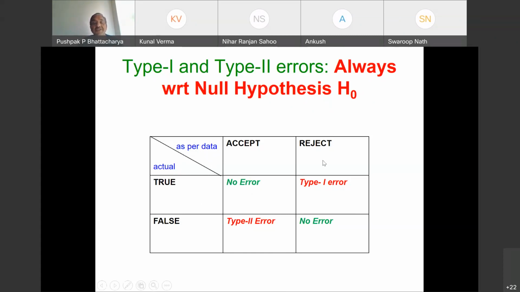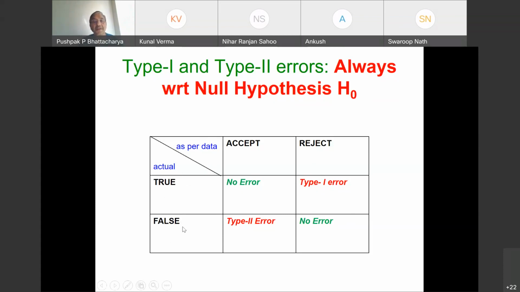And based on the data, I reject the hypothesis that the patient has cancer. But in reality, actually, the patient has cancer. So then I am making a type 1 error, and that would be very dangerous because going forward, the patient would die. What is the type 2 error case?